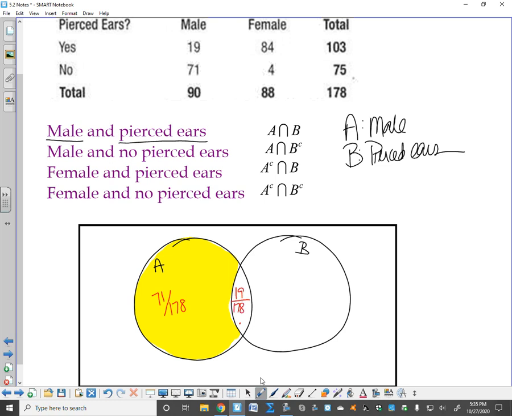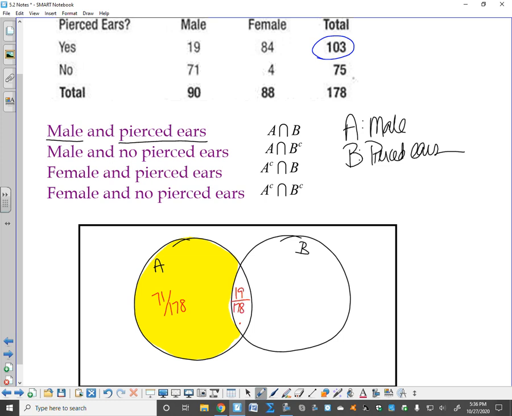Okay, now event B is pierced ears. But there is a wedge of bubble B that's already been accounted for. 19 of my pierced ears are already in that bubble. So let's find all my pierced ears. Pierced ears, yes, I got 103.